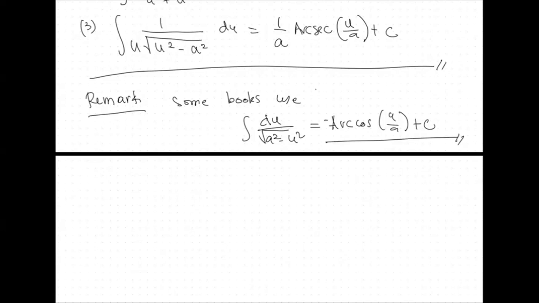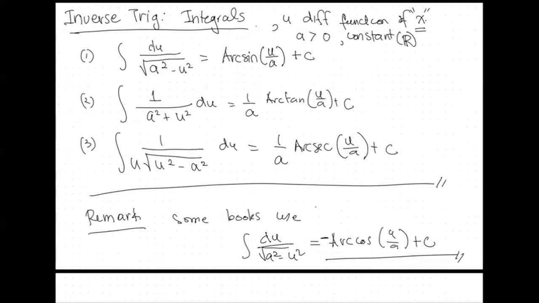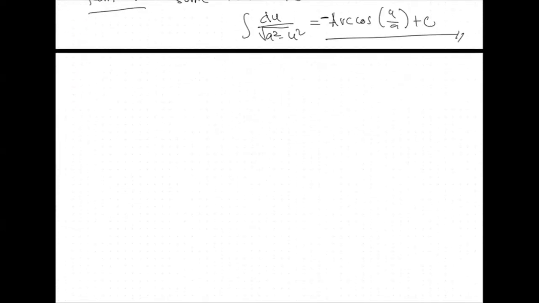We will not use this in our class here. We will just derive this when we go to trigonometric substitution later on. So basically, what we will use is just these three formulas for inverse trigonometric integrals. Okay, let's continue with the first example.